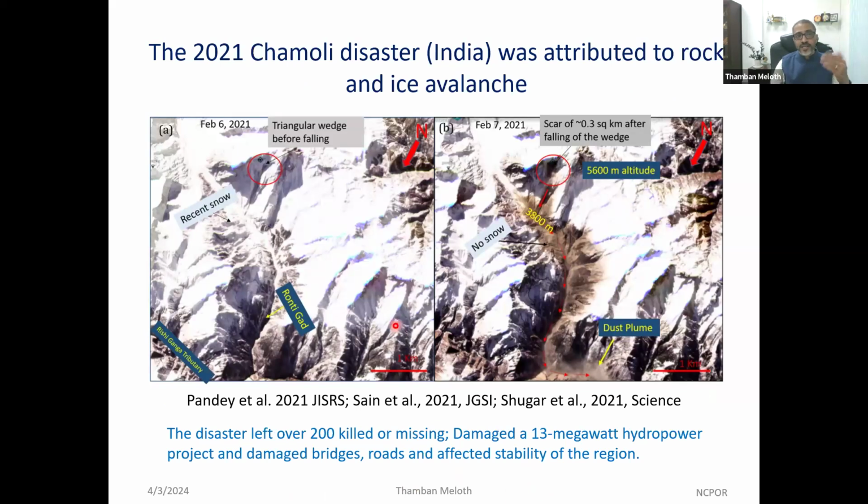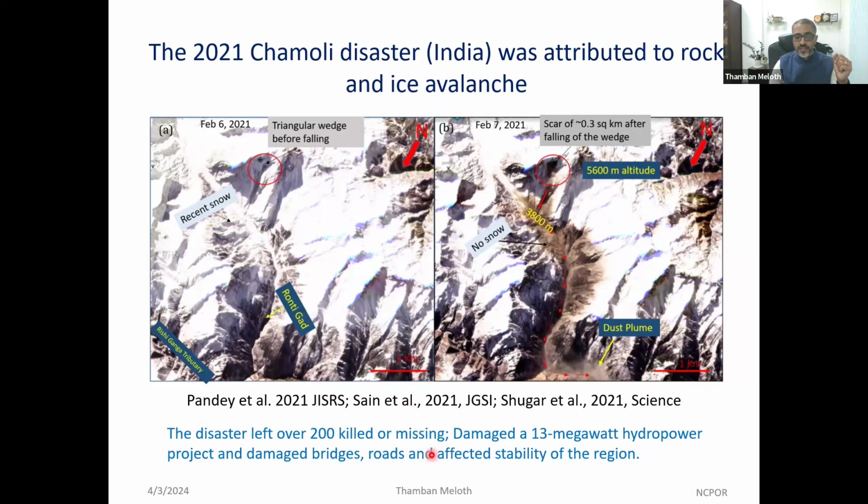Another example is the Chamoli disaster in Uttarakhand state, in northern India, in 2021, which was related to a rock and ice avalanche. As I said, the ability to hold together many of these hanging glaciers, or the rocks which were earlier frozen to the ground, is now being lost, so they are losing mass.